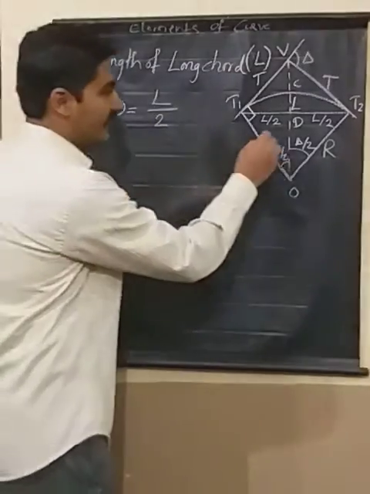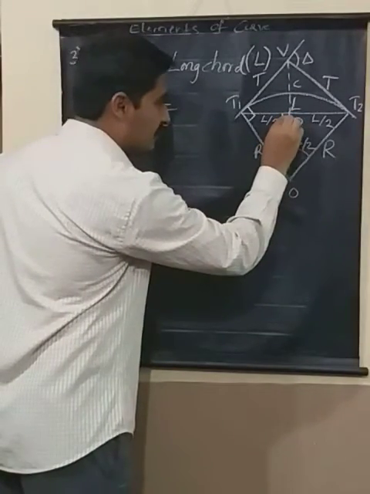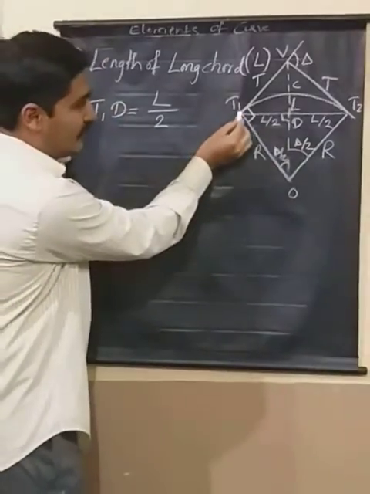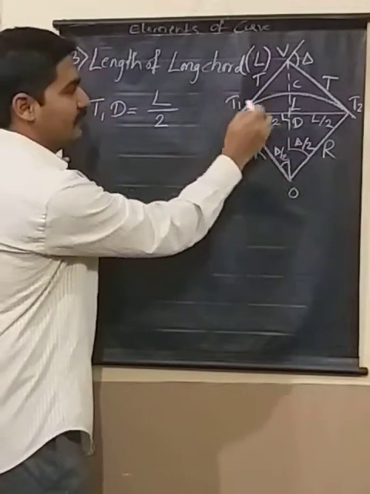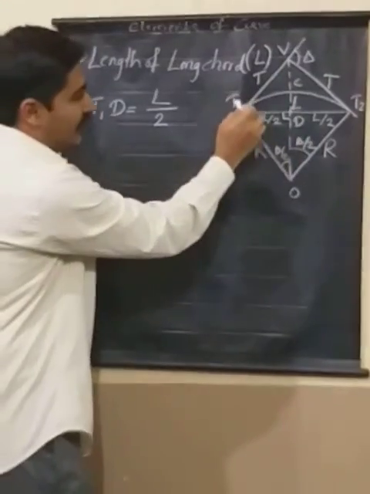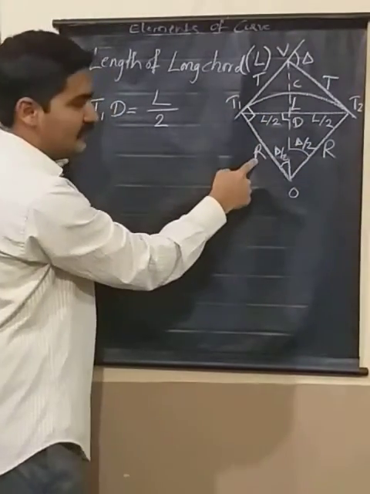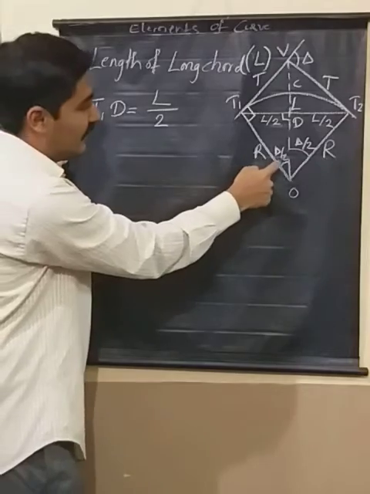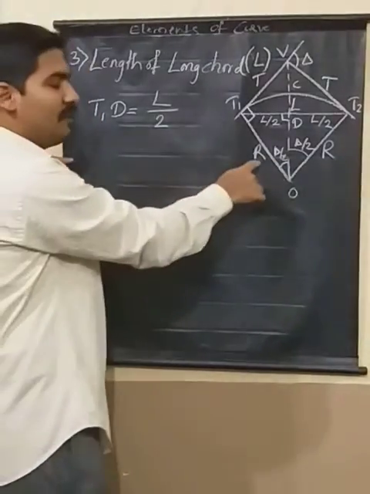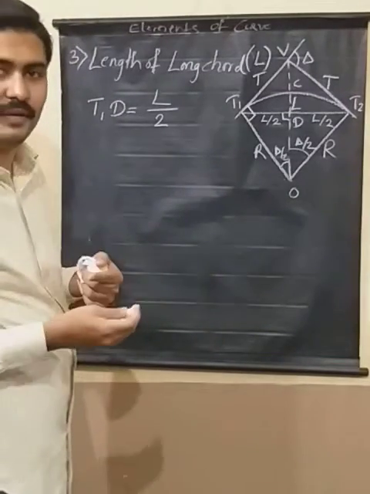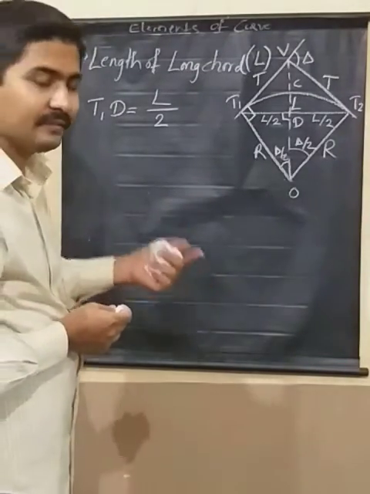So how I am going to get that is, if you just observe, there is one more right angle triangle here. T1DO is a right angle triangle, right? And in this right angle triangle, one of the sides of the triangle is R and the angle is delta by 2, isn't it? So I am going to apply the same way I have done for the earlier thing.